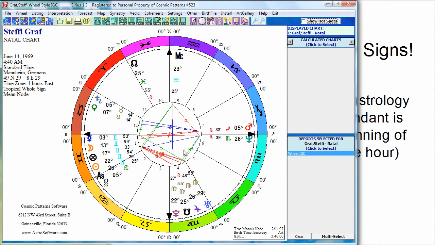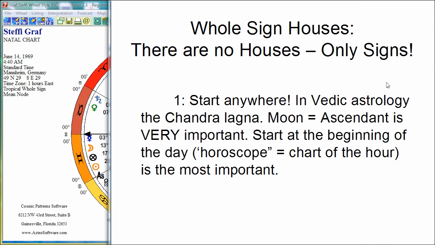The word horoscope means the chart of the hour. The ascendant is like a starting point for the individual, and it's a very powerful starting point, but it's not the only one. Okay, so one result of using whole sign houses is that it fits in well to start from any point. So that's the intuition, and then the specific methods fit into that intuition.